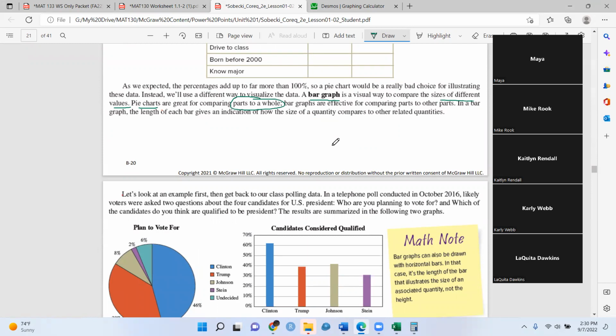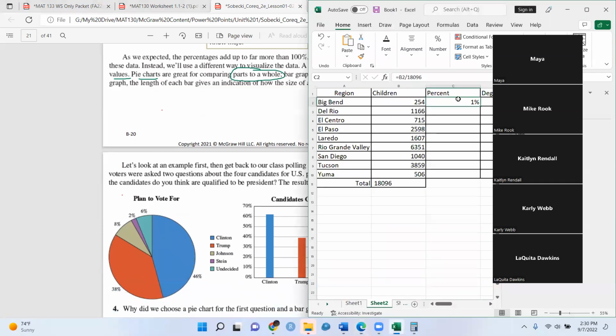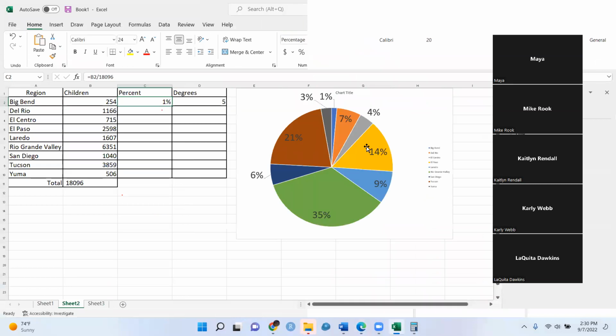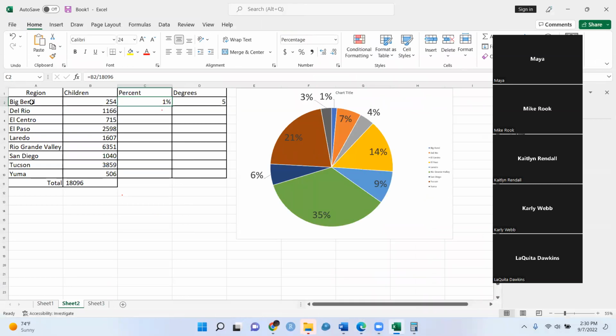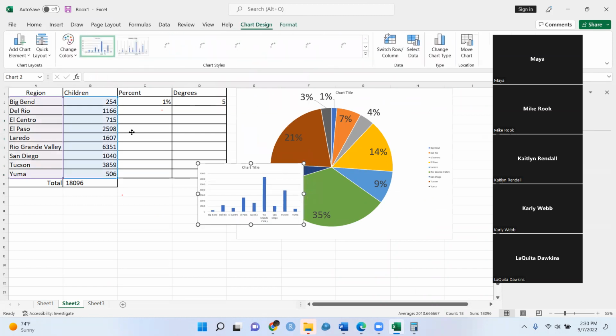Bar graphs are great when you're comparing things like parts of parts or parts to other parts, because they don't necessarily add up to 100%. Now we can use a bar chart in this one, and it gives us the exact same information as the pie chart. I just go to insert and then bar chart, and there it is.